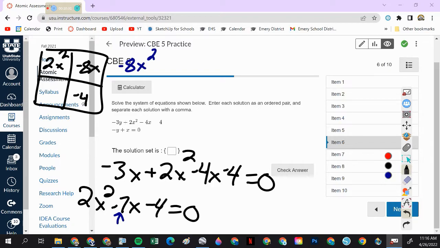Negative 8x and x. So we get 2x, x minus 4, and x plus 1. So our x values are 4 and negative 1/2.